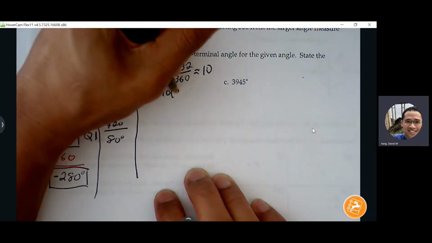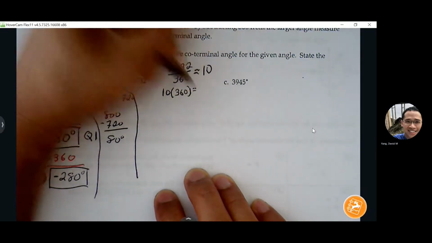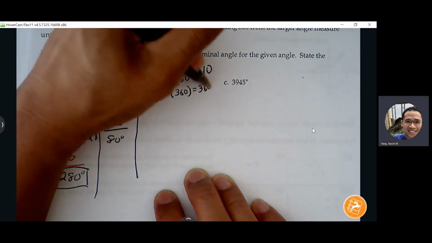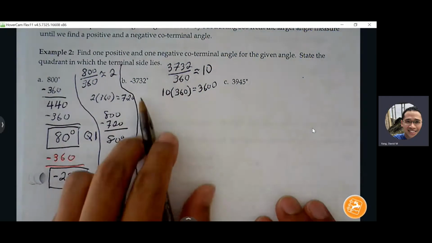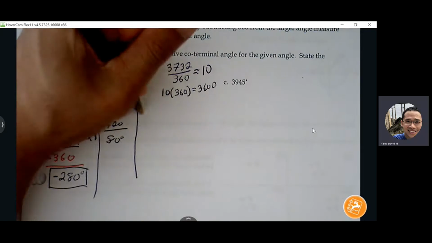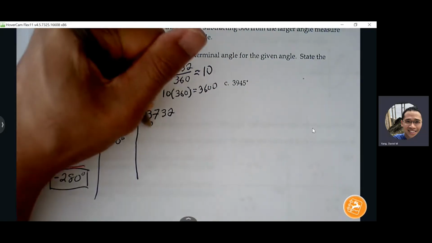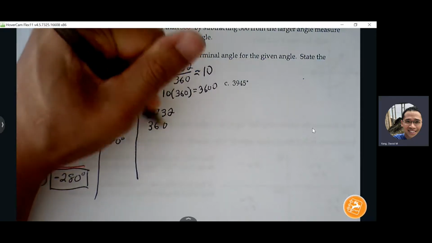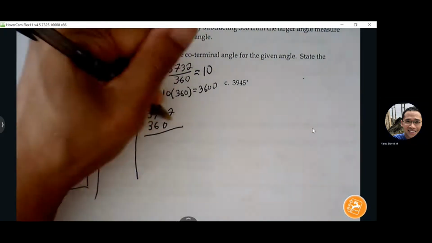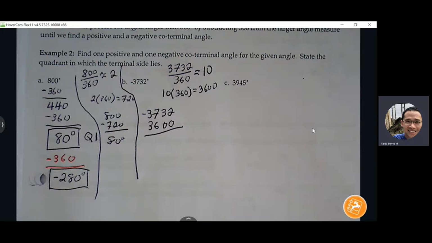So what's 10 times 360? 3600. So if I just add this number to negative 3732, it may not get to exactly where I need to go, but it'll speed up the process. Because I don't have to keep adding 360 over and over. I don't have to add it 10 times, right? I can just get to that number a lot faster potentially.